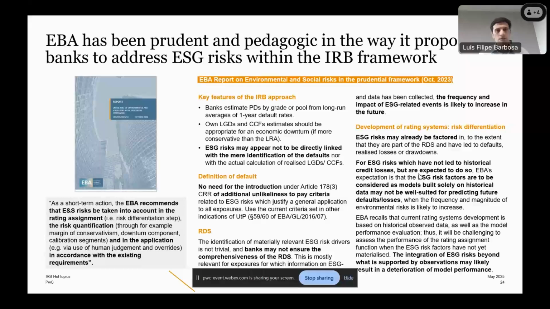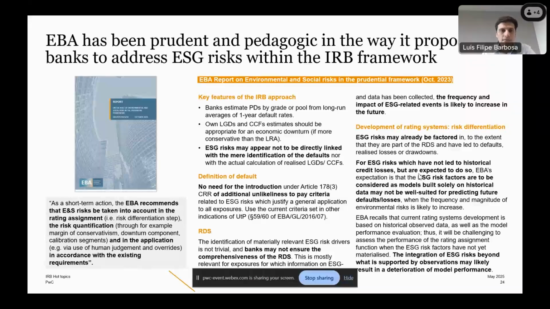Under this scenario, we have seen in the last year several publications, both from EBA and ECB, very clearly here, and trying to be short in this long story. What EBA has been saying is that we know that ESG risks will impact the way companies perform and also individuals, but here try to put the focus more on the corporate side.